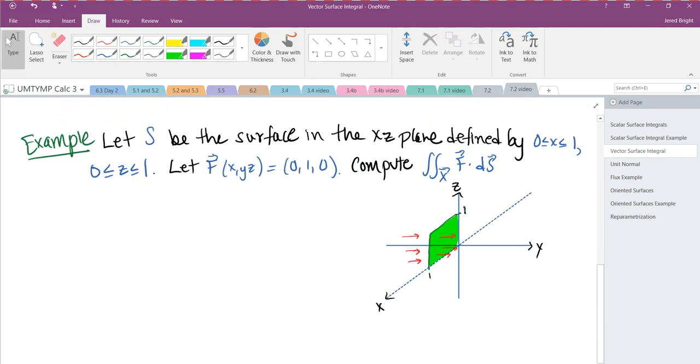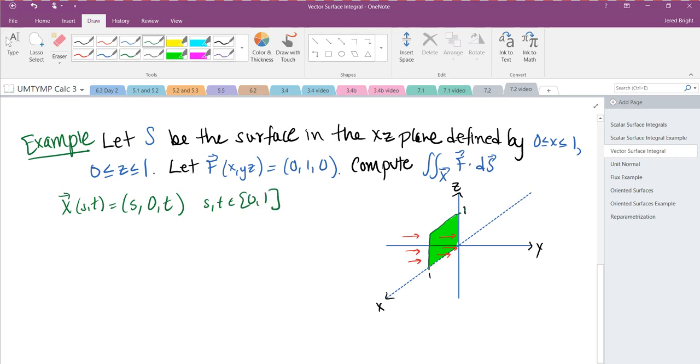S is a surface in the xz plane defined by that, so really just a square, and we have a vector field that is operating only in the y dimension, and we just want to compute this, which is to say find the flux. So again, we would start as normal. According to the definition, I would need to get a parameterization going for the surface, x of s and t. Since the surface is only in x and z, I can parameterize that quite easily as (s, 0, t), and just say that s and t both live in [0, 1].